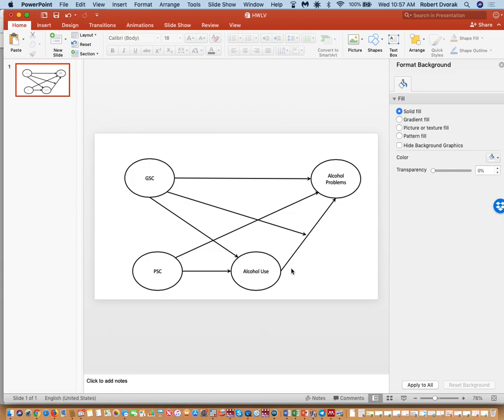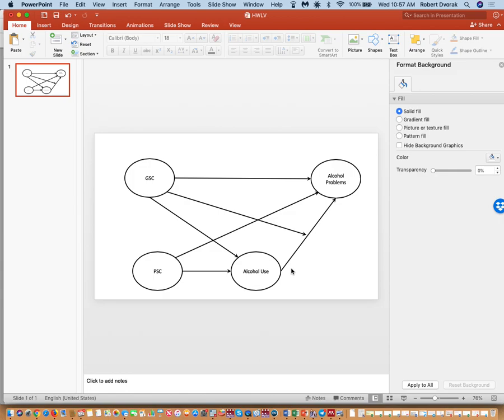Then in the Excel file, you'll just tick 1 and -1 for high and low levels of good self-control, and it will plot it out for you, so you don't have to worry about that. You've got your slopes that you've calculated already, and you can list those slopes either in the text or throw them on your figure if you want to be fancy about it.